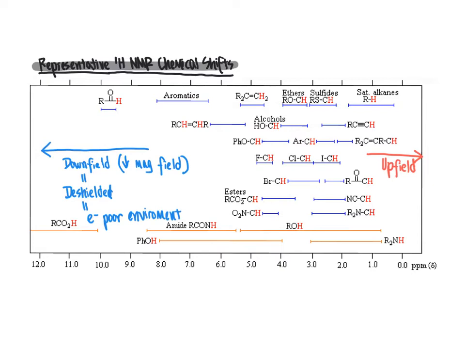Or we could alternatively say that an alkane signal is upfield from an aldehyde signal. So upfield, in contrast to downfield, is going to correspond to protons that are very well shielded. They have a thick blanket of electrons around them, is how you could think of this. They're in a very electron-rich environment.